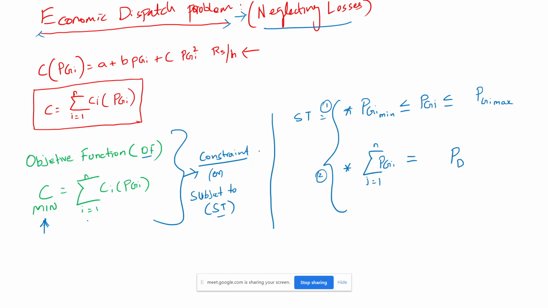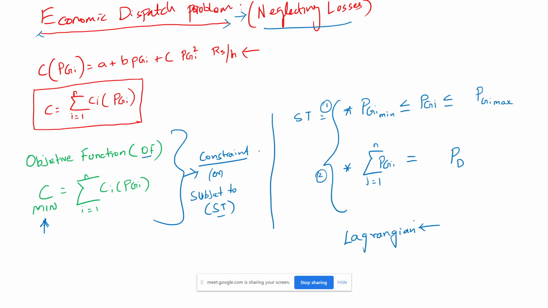To solve this type of problem, we have a method proposed by Lagrange. That is nothing but the Lagrangian method. He proposed a method to solve problems like this.